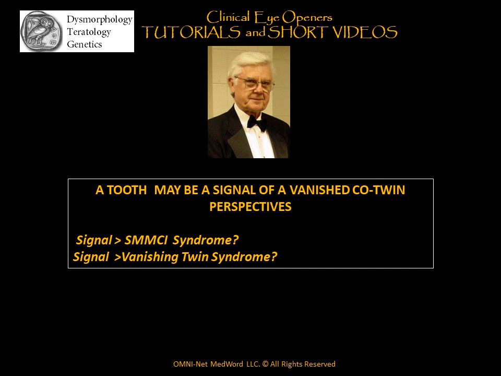In this instance, our observation may be of interest since reports of midline tooth, upper midline tooth, in the context of a vanished twin are very limited, which may imply that turning this logic in the opposite direction means that when we see a child with a midline upper incisor, we should think of a vanishing twin, and if so, of other known consequences such as vascular disruptions and so forth.